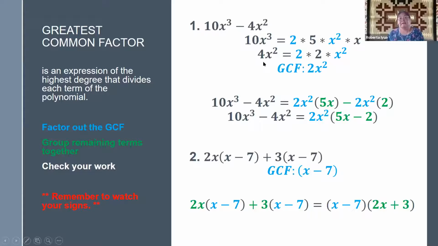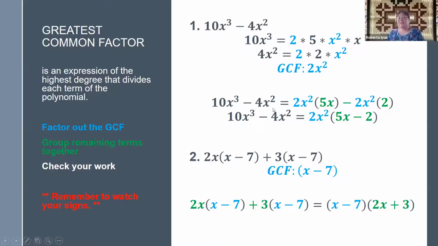And then I factored out 4x squared. You got 2 times 2 makes 4, and then your x squared. My greatest common factor, what is the same out of both? I took out 2x squared, which left me with 5x and a 2.